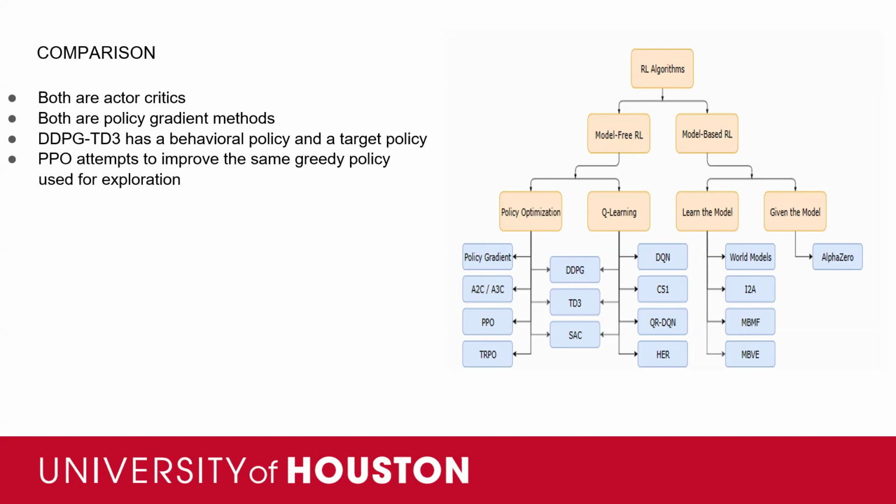So, the algorithms that we mentioned, both are actor-critic. Both are policy gradient methods, both the DDPG, TD3, and the PPO. PPO attempts to improve the same greedy policy used for exploration, so it's an on-policy algorithm. The DDPG and the improvement, the TD3, has a behavioral policy and a target policy.